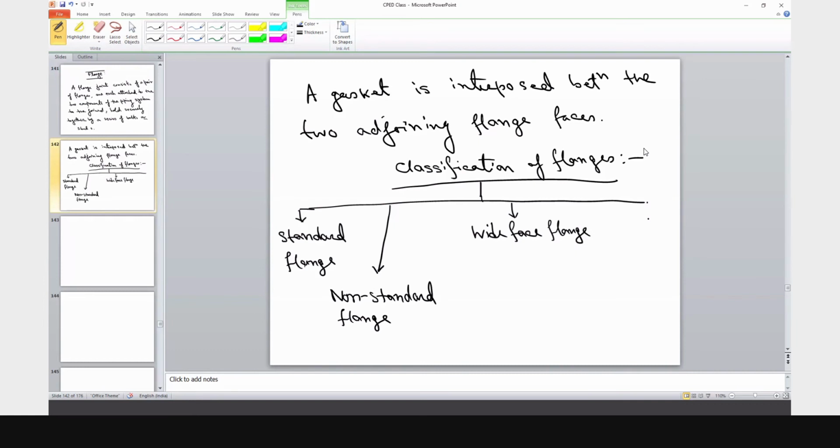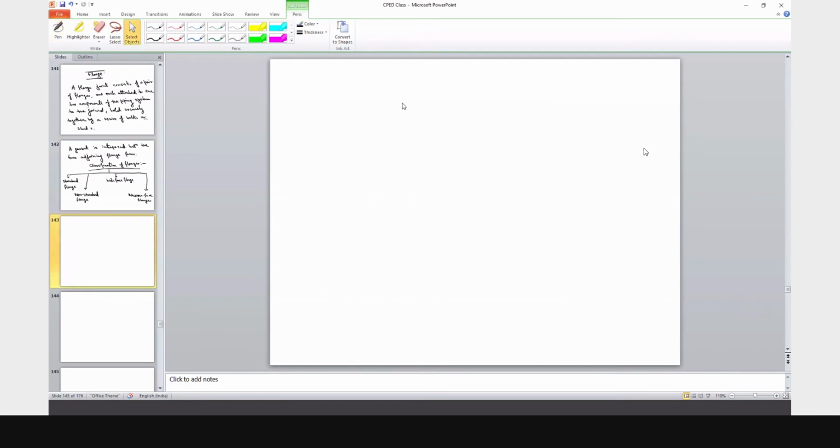And last is the narrow face flange. Now, what is this? Standard, non-standard, wide, and narrow.